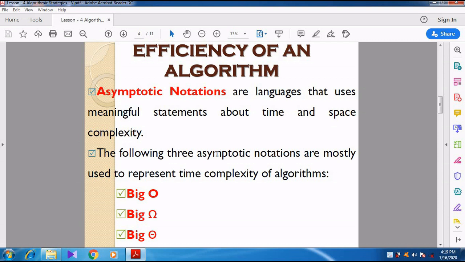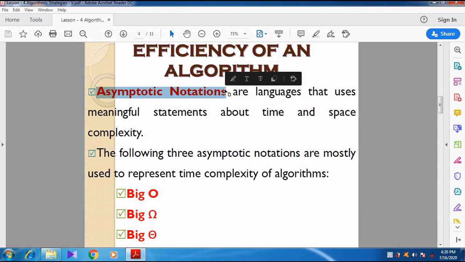So now we are going to discuss another technique called asymptotic notations. What is meant by asymptotic notations? Asymptotic notations are a measure of the efficiency of an algorithm.